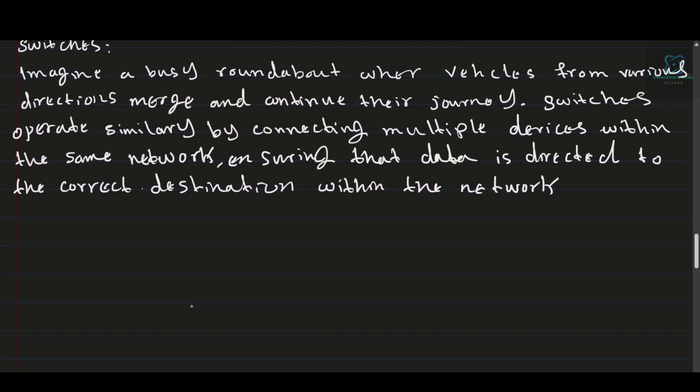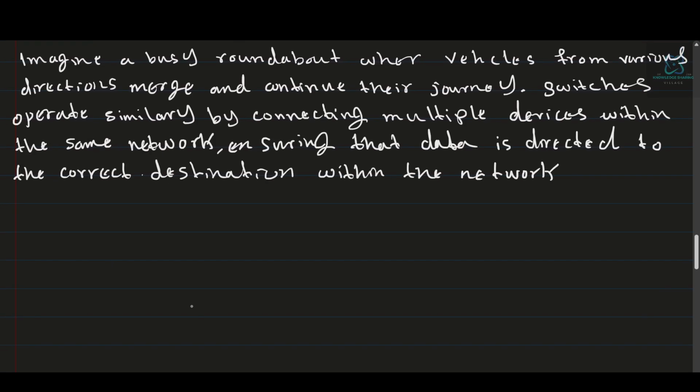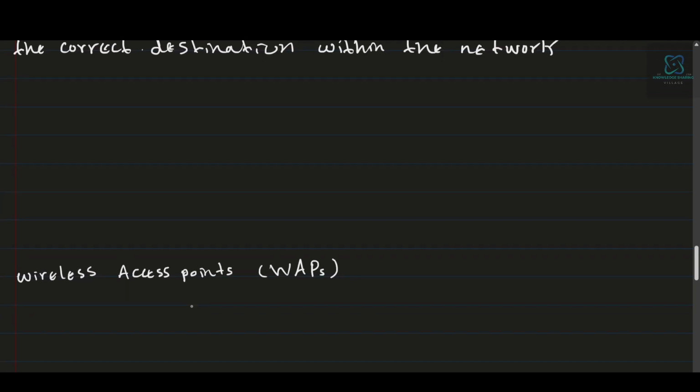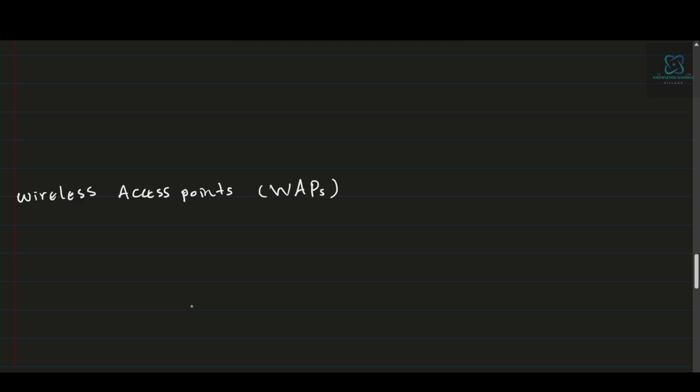So the next device in the intermediate devices category was wireless access points, or WAP for short.